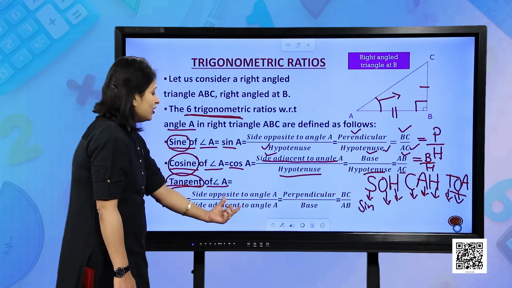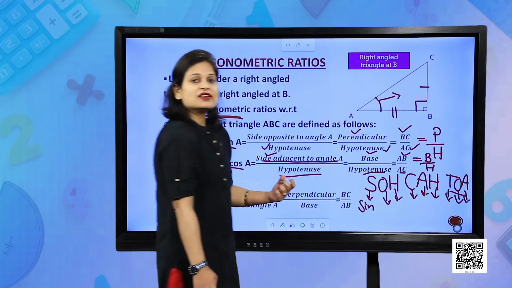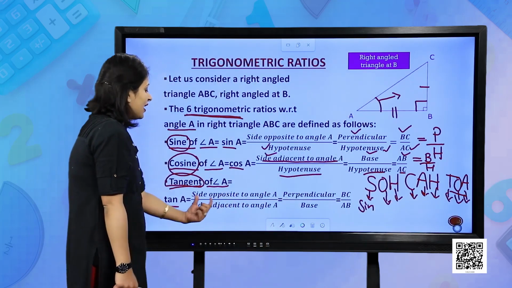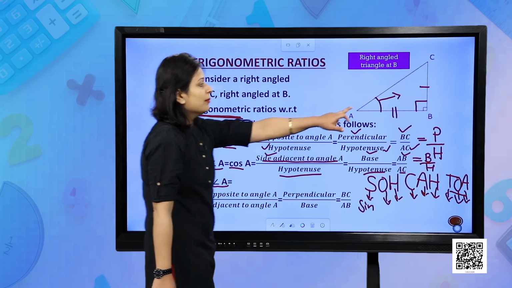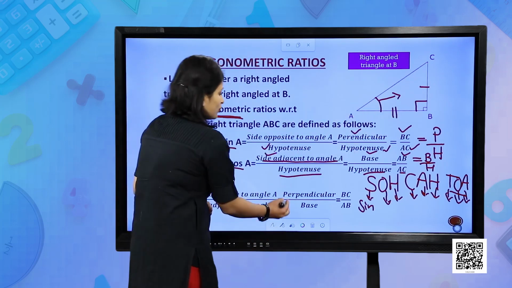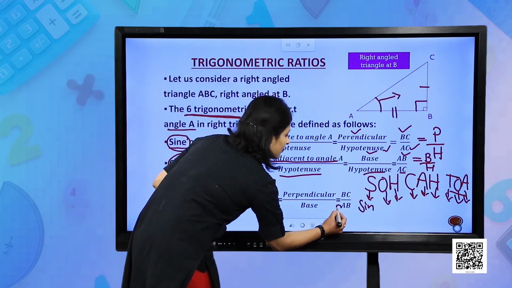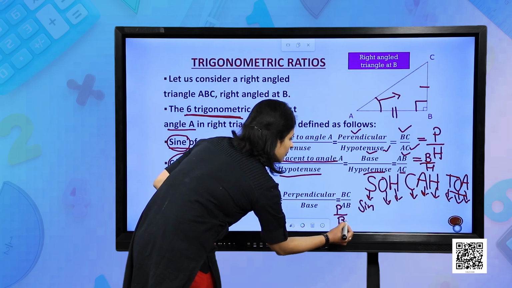A stands for adjacent side. The side adjacent to angle A is called base, which is AB. So, you can also write tan A as perpendicular upon base.